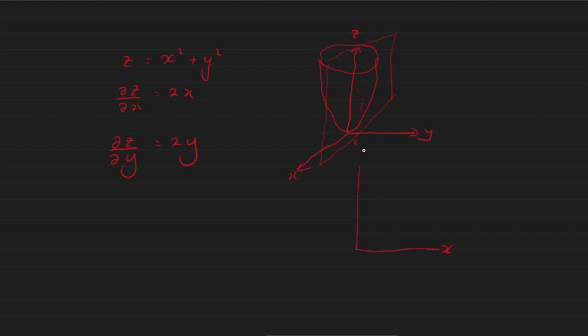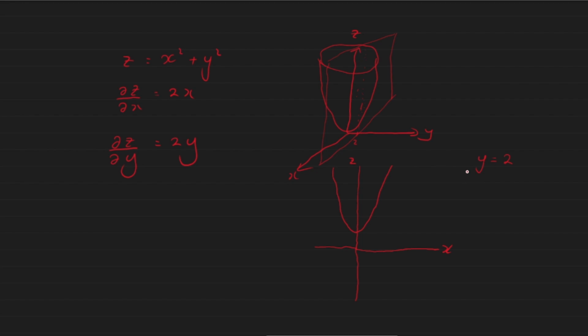So we have x and we have z. What it would look like if we were to take a slice is that it's a parabola. And we have chosen the value y is equal to 2.